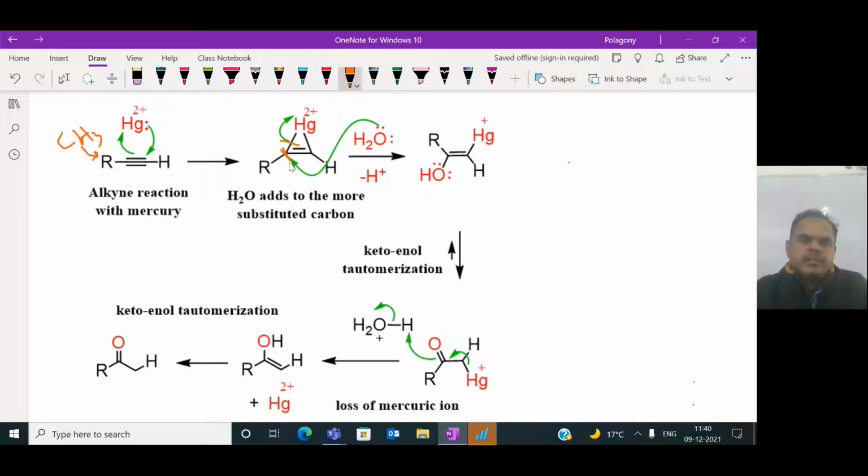When this compound interacts with water, water behaves like a nucleophile and donates a lone pair of electrons to this carbon.